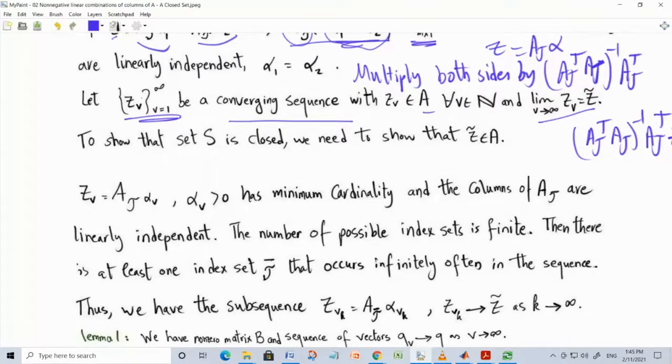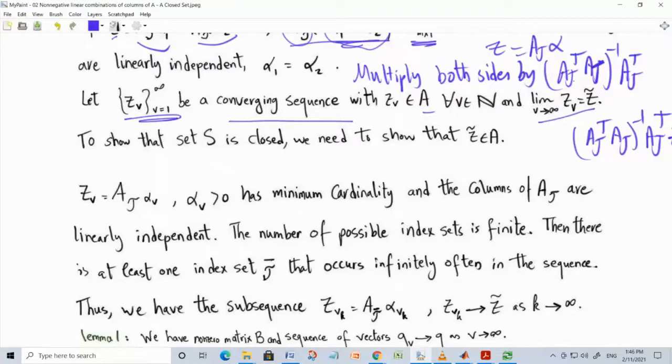Because if you choose an arbitrary converging sequence that goes to a limit, and regardless of the sequence and of the limit, the limit is guaranteed to be in the set S, that's exactly the definition of a set being closed. The set being closed means that any converging sequence in the set goes to a limit that is an element of the set itself.